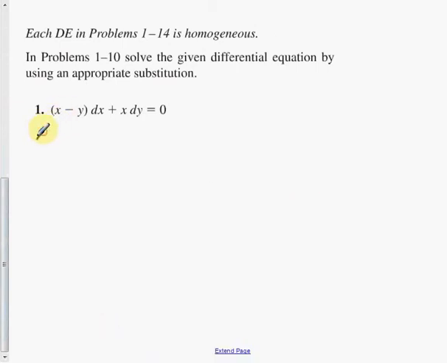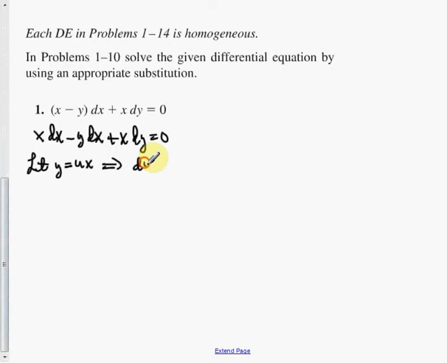Now look at this. This is x dx minus y dx plus x dy equal to 0. I have two dx's, I have one dy. So I'm going to say let y equal to ux. And we just differentiate.